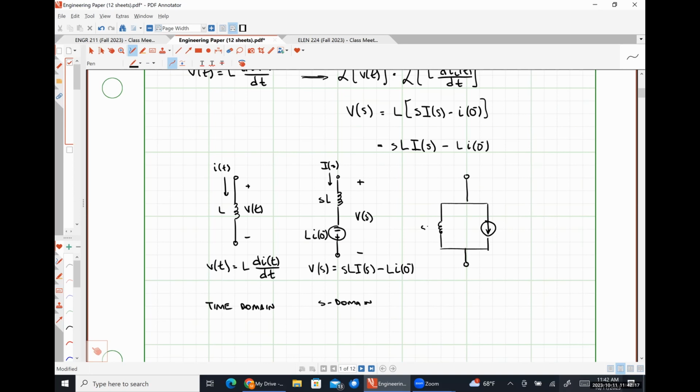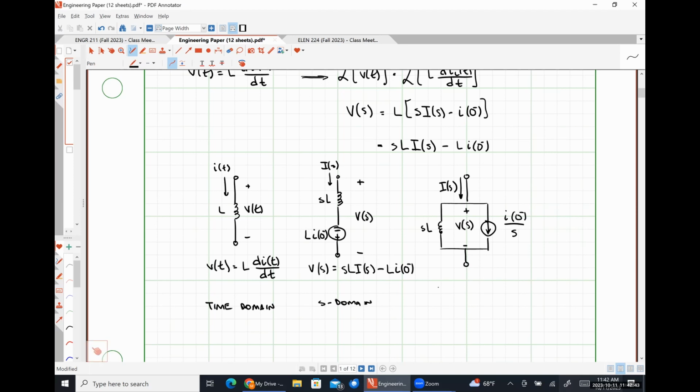So this is still going to be SL. This is going to be my voltage drop V of S. Here's where my current I of S is defined. And the value of this current source is going to be I at 0 minus, divided by S. Keep wanting to use subscripts, but I haven't been consistent with it.